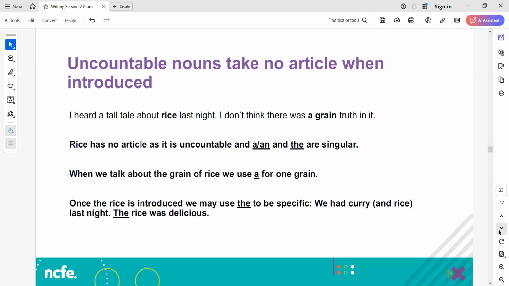But a grain, because we're talking about one grain of it. Once the rice is introduced, we may use the to be specific. We had curry and rice. The rice was delicious because we're talking about a particular amount of rice.